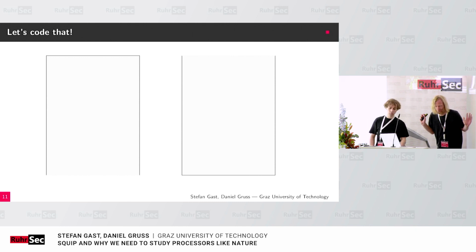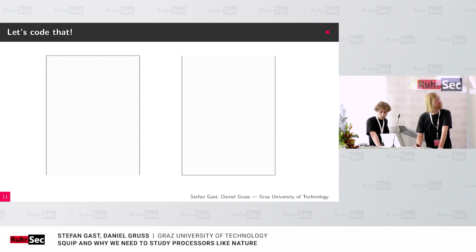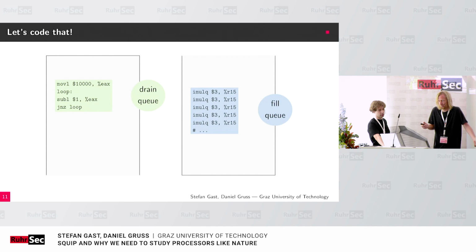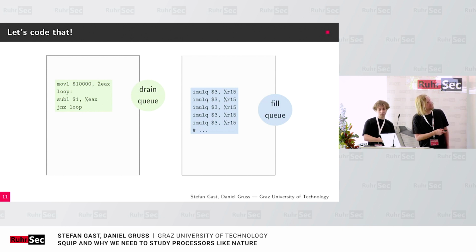So we can code that. It's just a few assembly instructions. First of all, we drain the scheduler queue. We want to start with an empty queue so that we have precise control about how many microops are in there. But in the end, you want to fill the queue, actually. What do you do in between then? Well, how do I fill that?